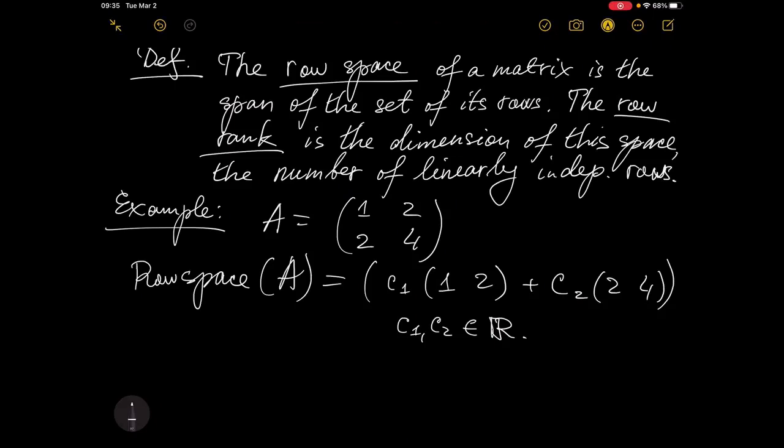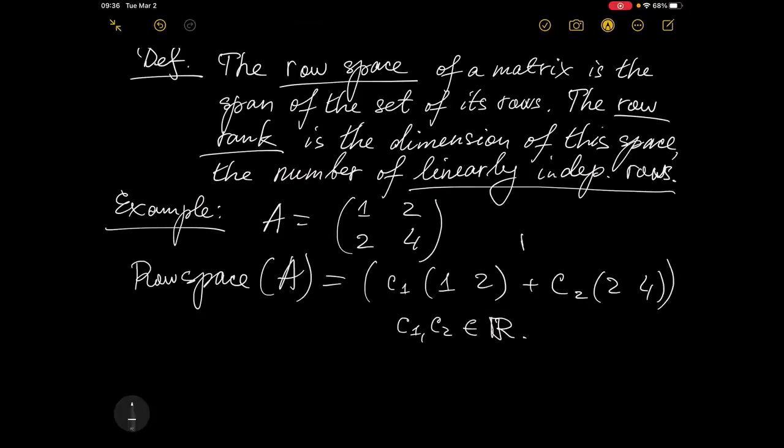Not really, because have a look. Essentially the dimension of the space is the number of the vectors in the basis, right? But the vectors in the basis are supposed to be linearly independent, right? How many linearly independent rows do we have? 1.